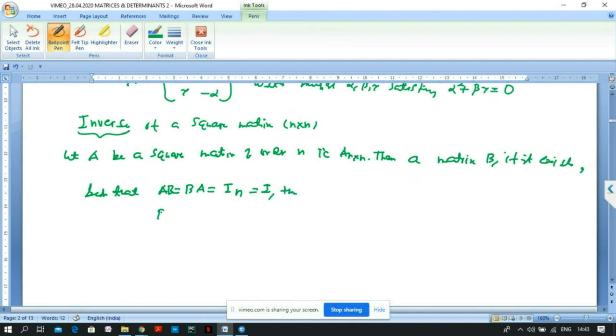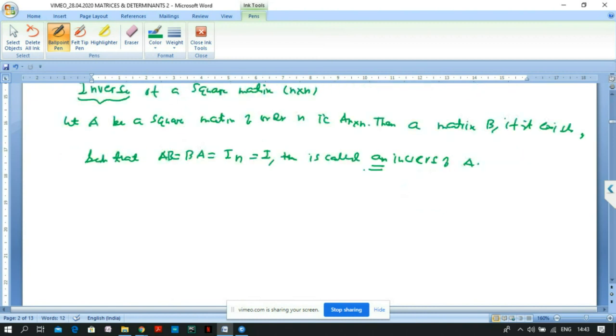So if AB equals BA equal to I, then we say that a matrix B, if it exists, such that this holds, is called an inverse of A. So it means given a matrix A, if you can find a matrix B such that AB equals BA equals I, then B is called an inverse of A. Note the word an inverse of A. I did not say the inverse, but it will soon turn out, I will prove in a couple of sentences, that of course this becomes the inverse.